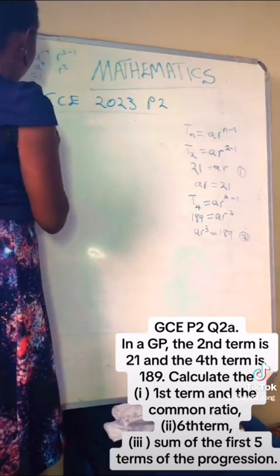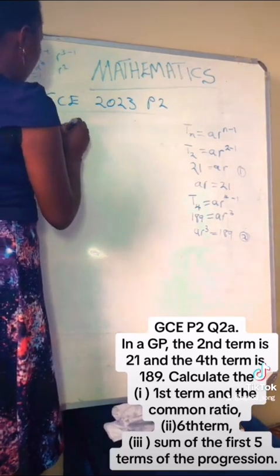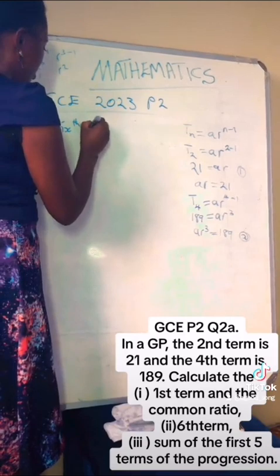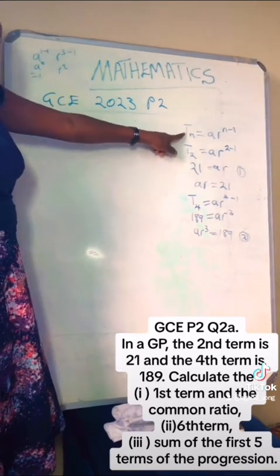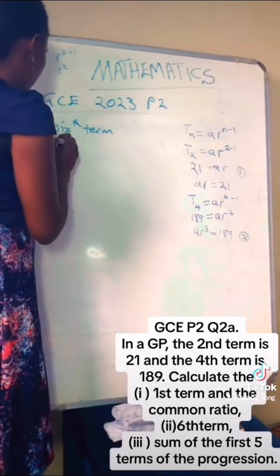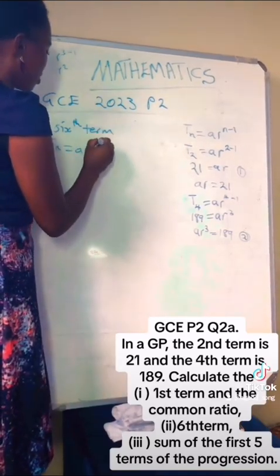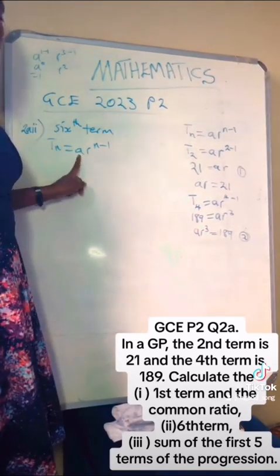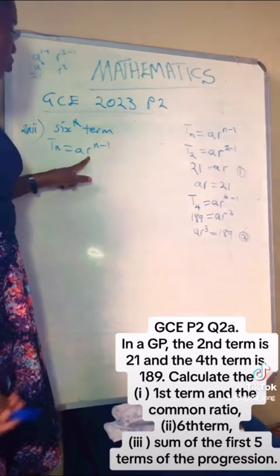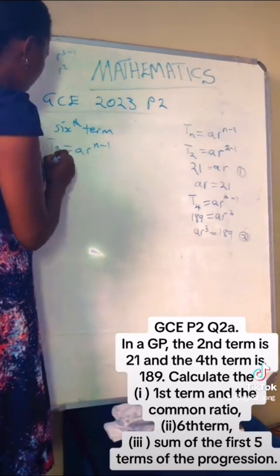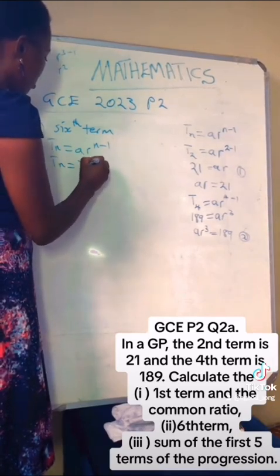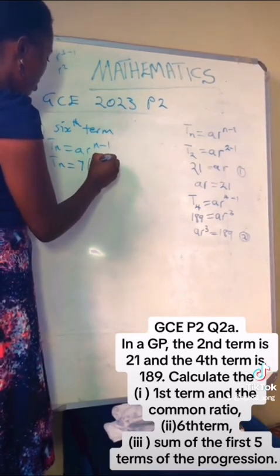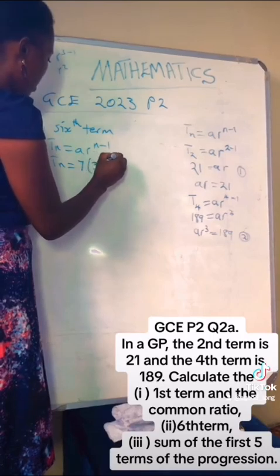So 2A2, we are finding the 6th term. So the formula or the equation for finding the nth term is this one. Tn equals AR to the power n minus 1. We've calculated A, we've calculated R, so we can substitute where we say Tn is equal to 7 times positive 3 to the power n minus 1.